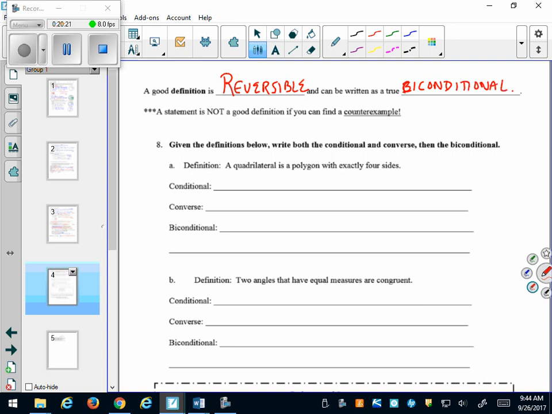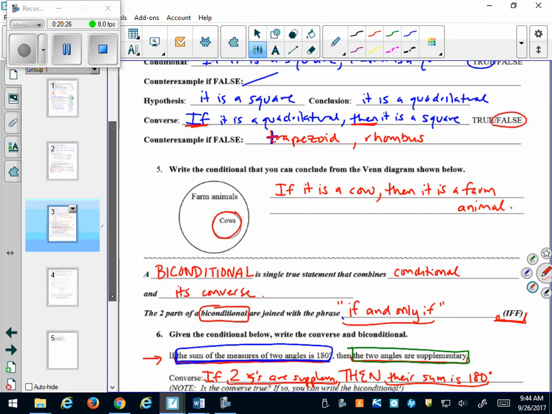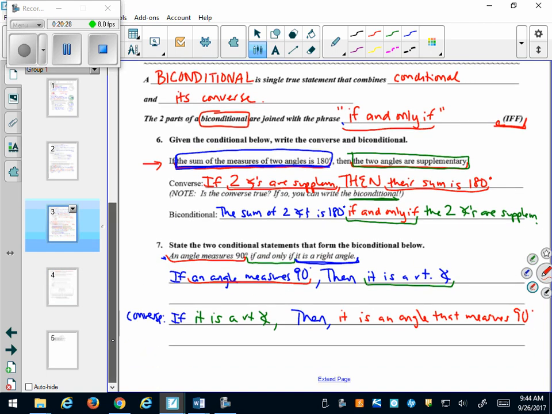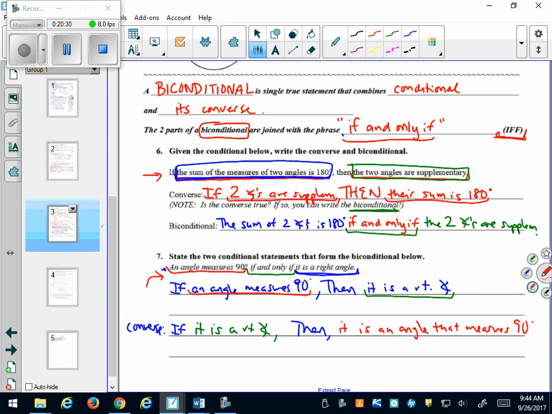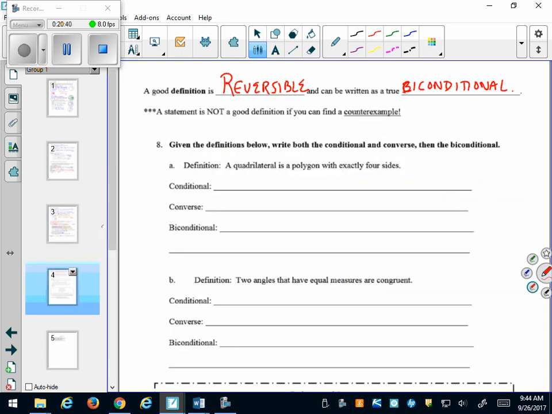In other words, that is a really special case that we just did, where you can take the conditional, you can write the converse, and they're both true. If they're both true, you really have what we call a good definition, right? If it's reversible, it can be considered a good definition.